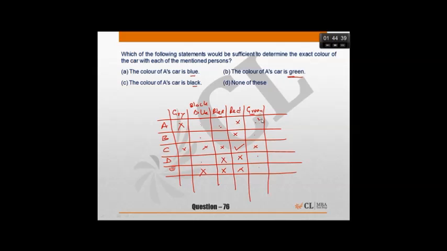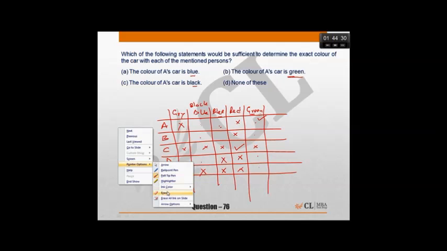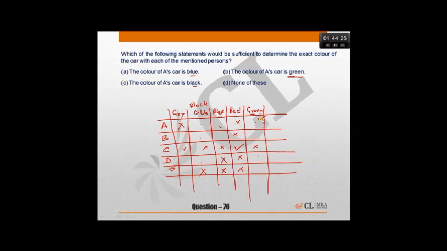If A's car is green, that means these are not possible. Let me change the color so that it will become easier, so let me take yellow now. So I have done here. Among the remaining, B's car should be blue.